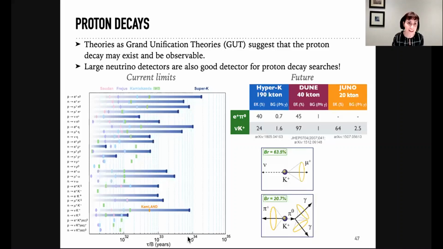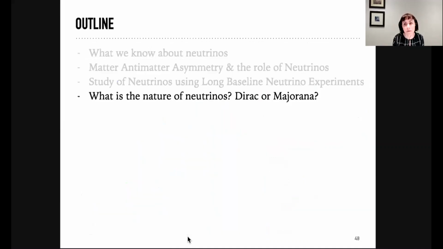So we need to look at proton decays. Have we observed those ones? Not yet. But we need to have lots of nucleons, so large detectors, in order to have some chance to observe those ones. And this is a part of the future plan for Hyper-K.